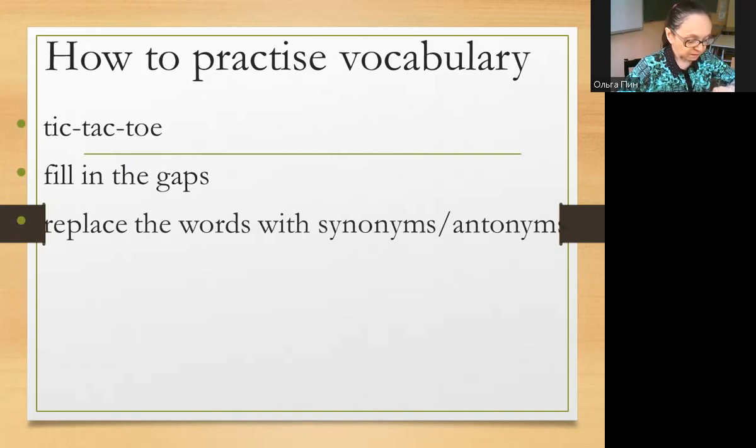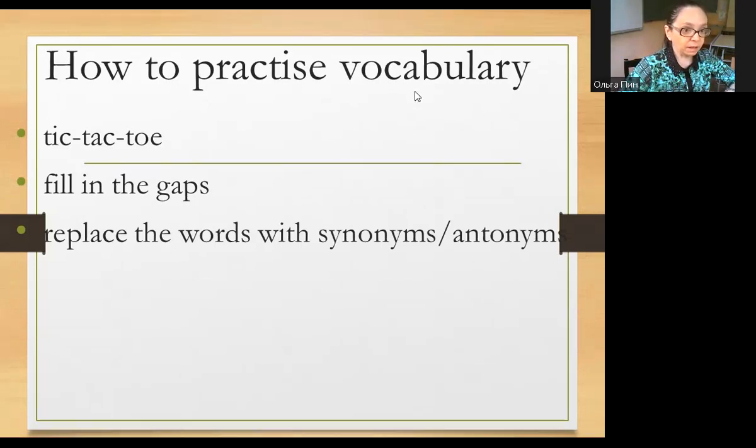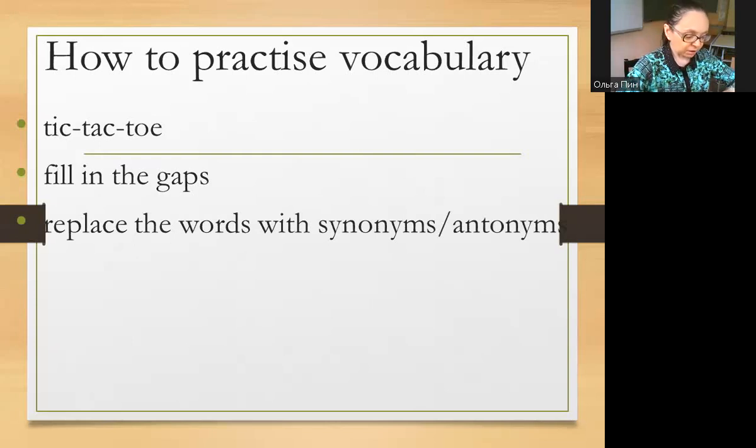By the way, these three exercises, tic-tac-toe, fill in the gaps, and replacing, can be extended by students preparing these exercises for their partners. So say, for example, make up 5 sentences with 5 words from the list, but replace these words from the list with a dash or with 3 dots.